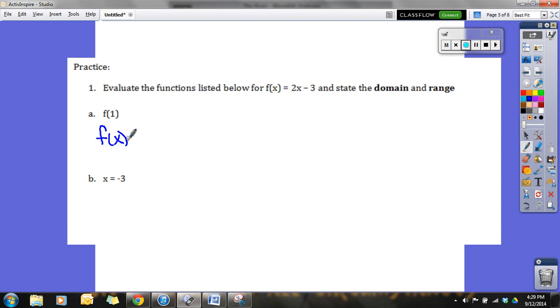Where we had an x here, it's now been replaced with a 1, which means that in our function f of x equals 2x minus 3, everywhere that there's an x, we're going to replace it with a 1. So our function becomes 2 times 1 minus 3, multiplication first, 2 minus 3 equals negative 1. So f of 1 is equal to negative 1.